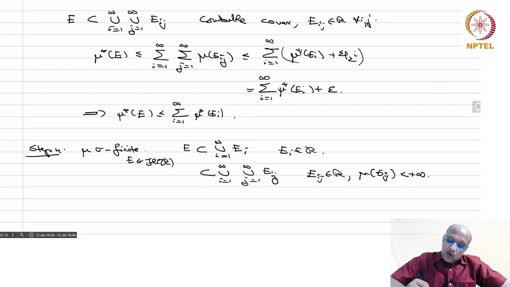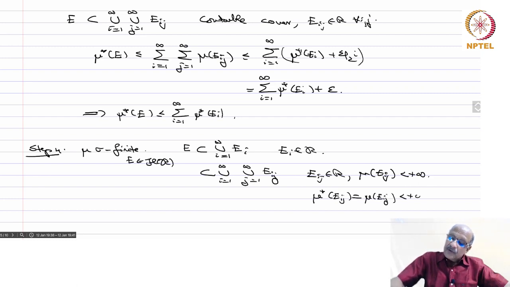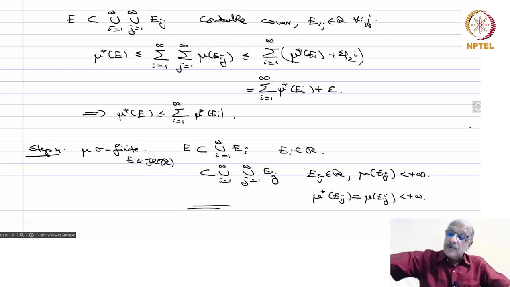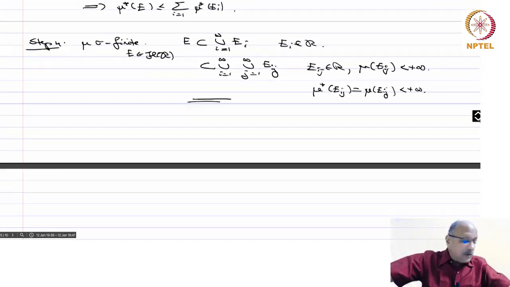So you have a countable cover of E with the E_ij's, and mu star of E_ij is nothing but mu of E_ij because it's in R, and that of course is less than plus infinity. So E can be covered by a countable number of sets which have finite outer measure. Okay, so this completes the proof of the proposition. So all steps have been proved.